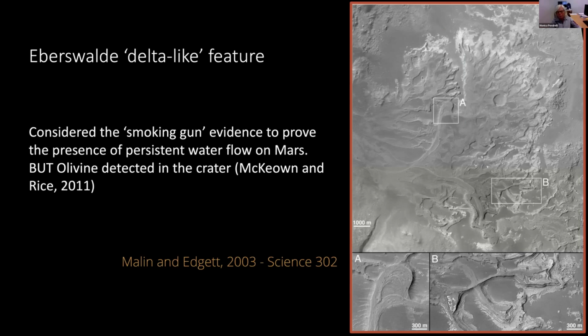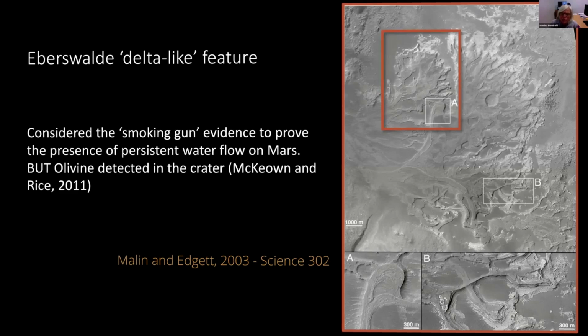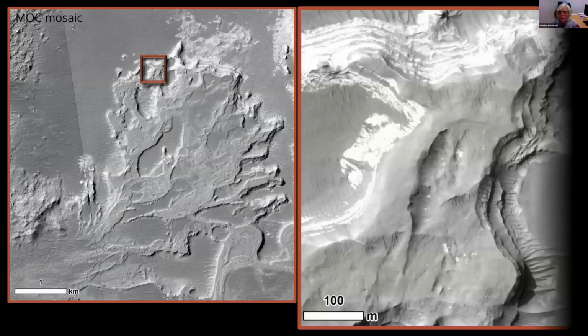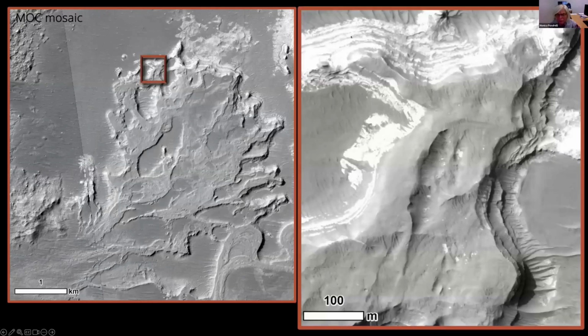But then olivine was detected in this crater in correspondence with this delta, and this is not actually very consistent with fluvial activity. If we go closer in this deltaic lobe, and even closer here, we see that this delta actually corresponds to two geological units, these layered light deposits and these darker tone deposits.